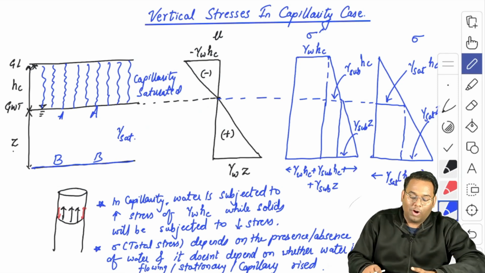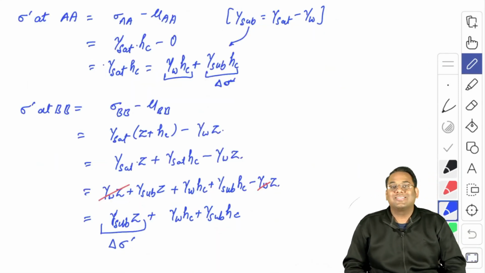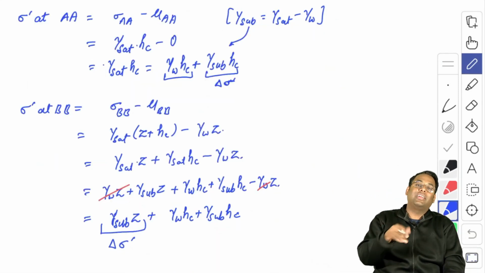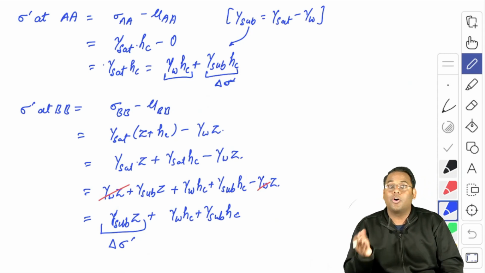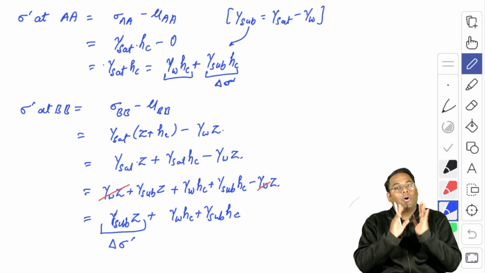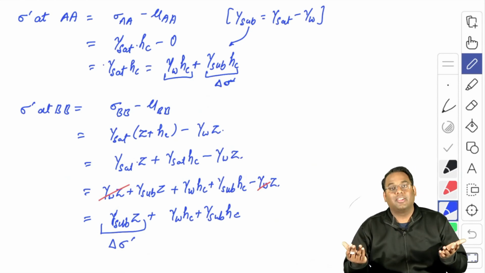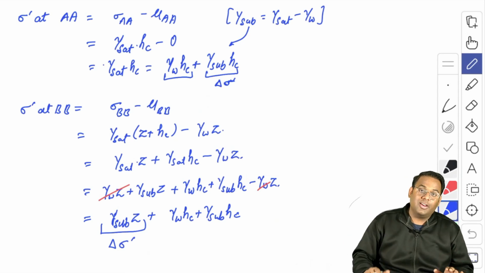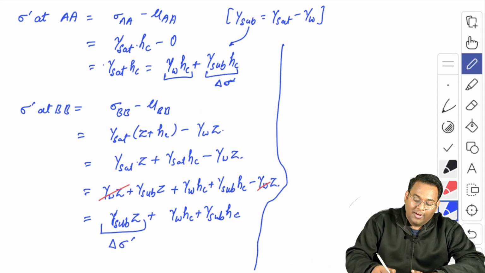So from here, what you have observed? You have observed that the total stress does not depend on whether the water is moving or not, whether it is capillarized or not, or whether it is just stationary. Total stress only depends on the presence or absence of water, and if water is present and the soil is saturated, you just have to use gamma saturated for the soil.